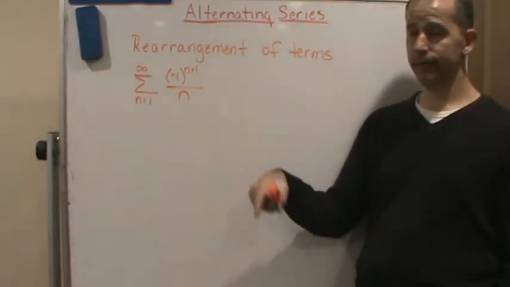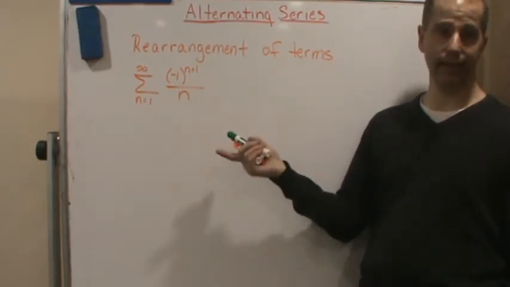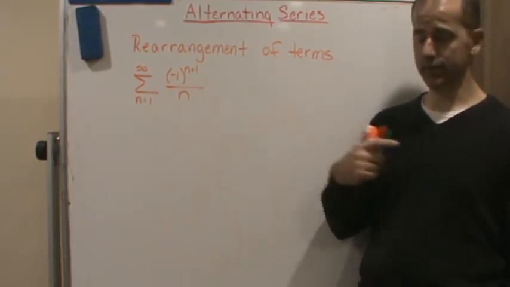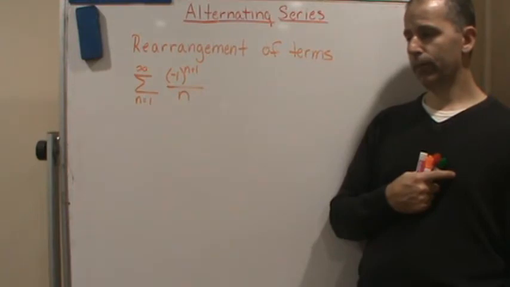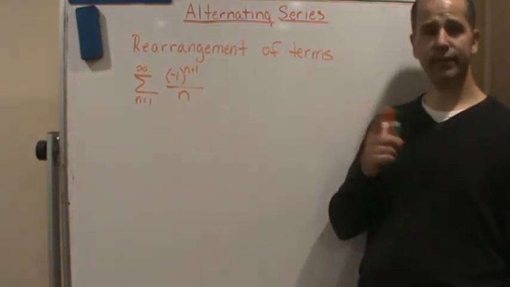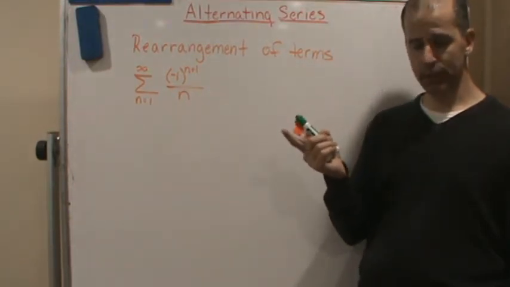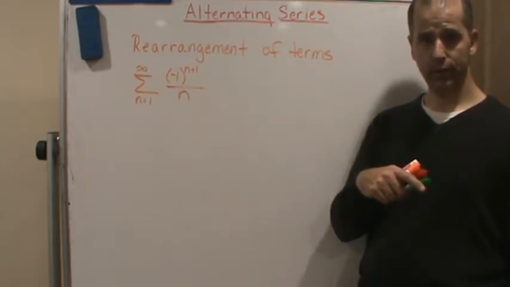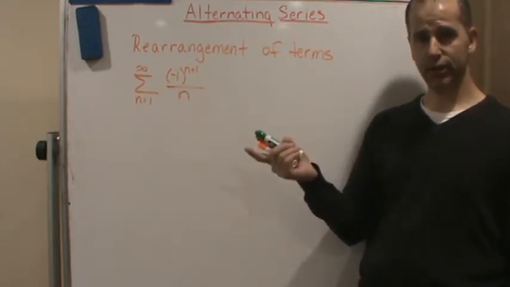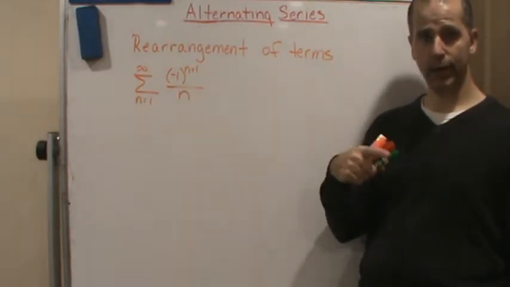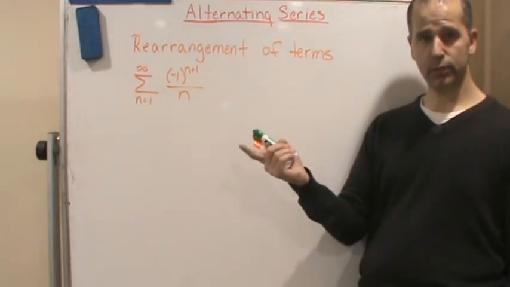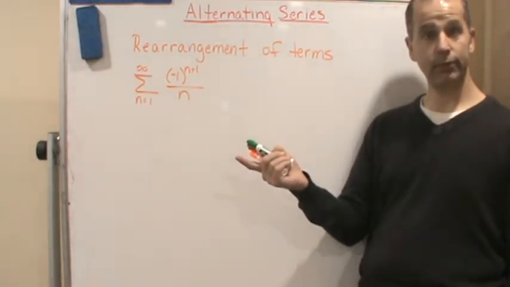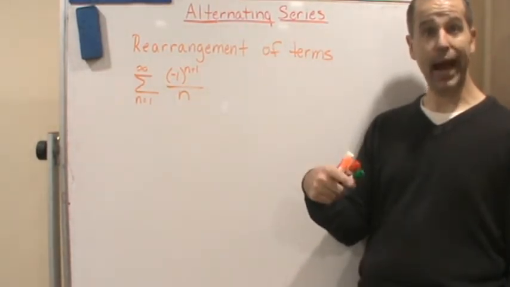So if I take the absolute value of this, we get the harmonic series which diverges. Now, the interesting thing is that there's a relationship between absolute convergence and conditional convergence that also corresponds to whether a rearrangement of the terms will give you a different answer or not.